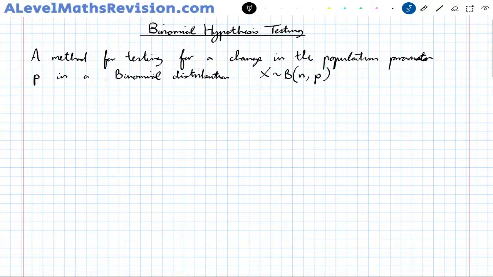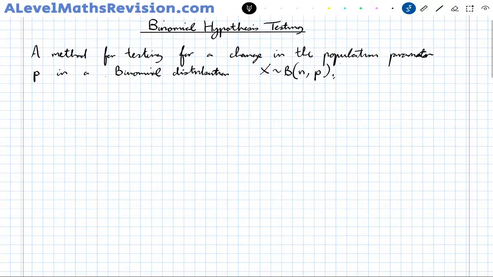So what we're going to do now, we're going to go through what a binomial hypothesis test actually does. I like to think about it as a way of testing whether somebody's lying to you or likely lying to you. We all know somebody who tells lies. Meet them all the time. And some of the lies are so absolutely ludicrous that you're willing to call them out on it straight away and say, nah, you're not telling the truth.